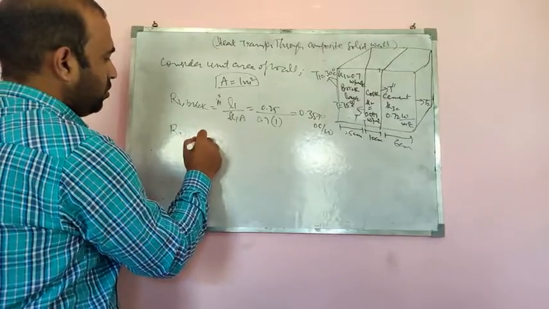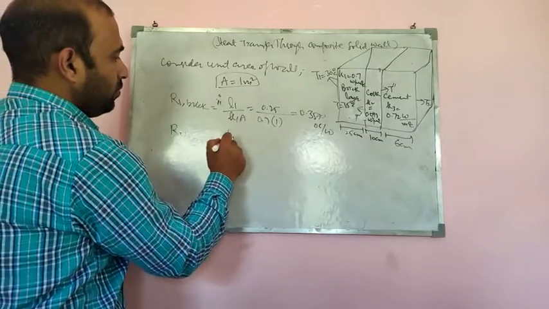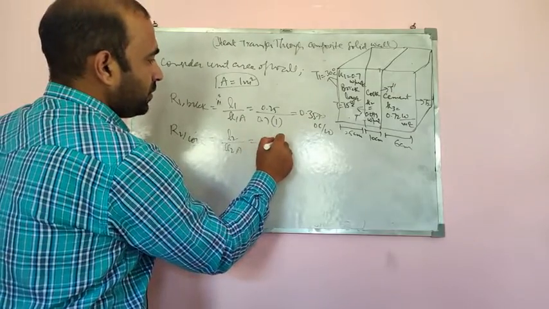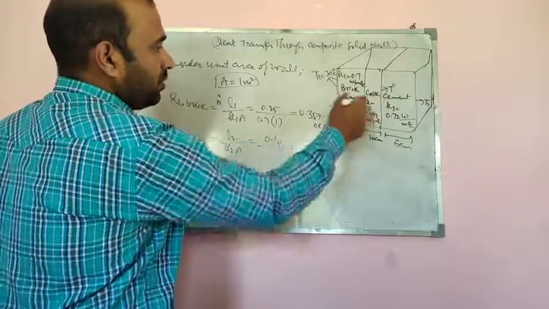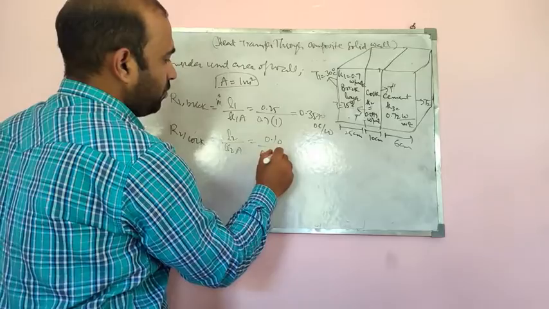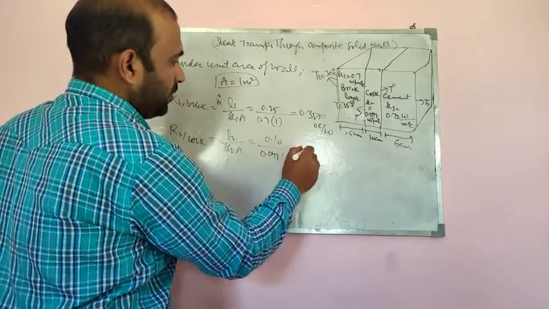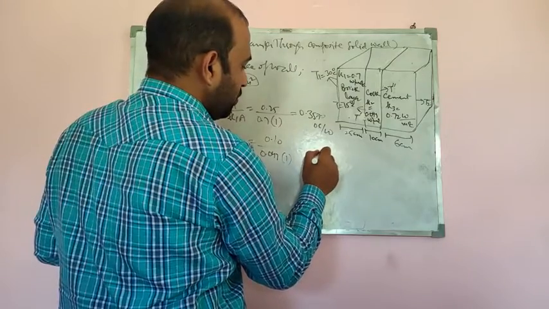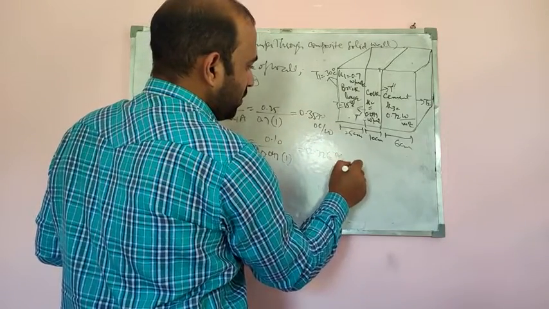It will be L2 by K2A, so 0.10 divided by its thermal conductivity, 0.043, multiplied by 1. It will be equal to 2.326 degrees Celsius per watt.